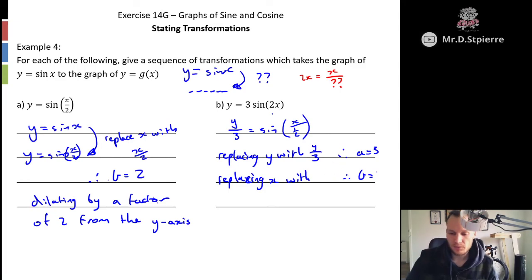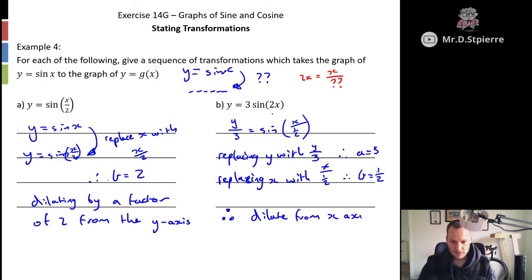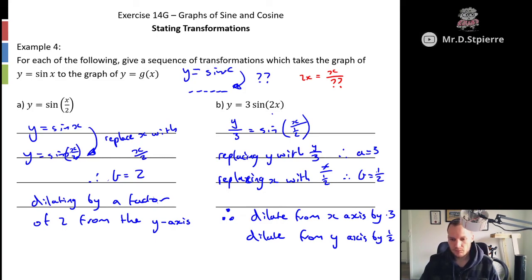My apologies, I made a couple of mistakes in this video. We're replacing x with x on half. Therefore, my denominator, which is my b value, is half. Okay. Therefore, dilate from x-axis by 3. Dilate from y-axis by half.